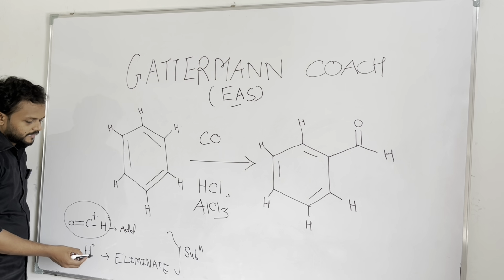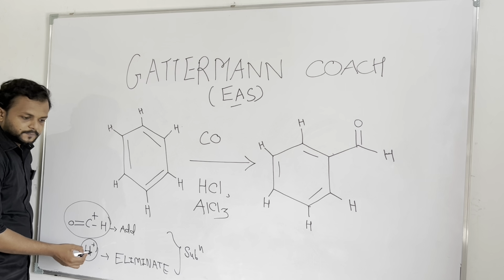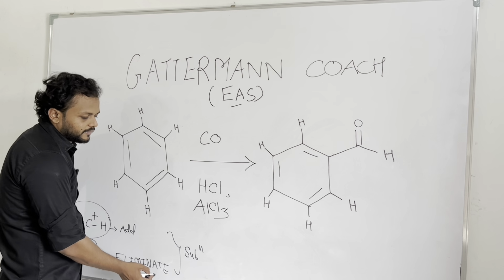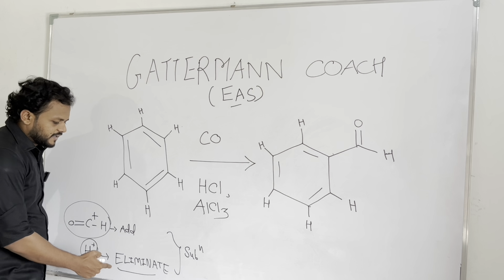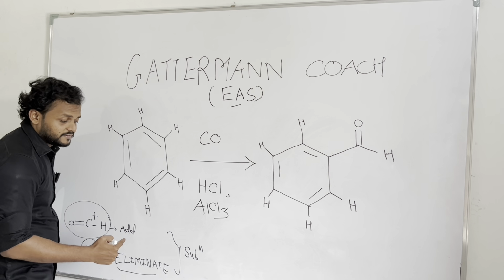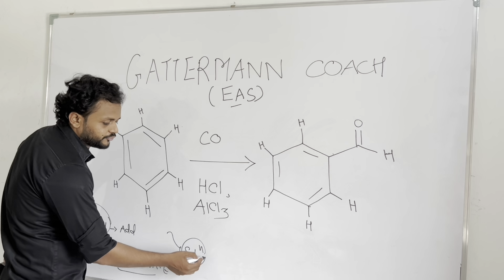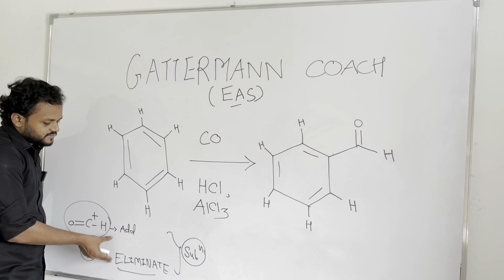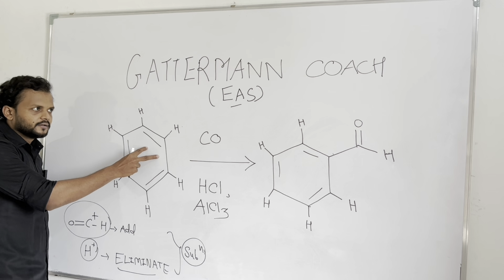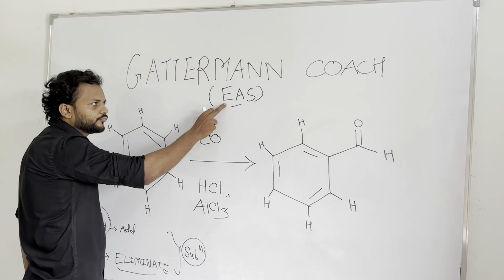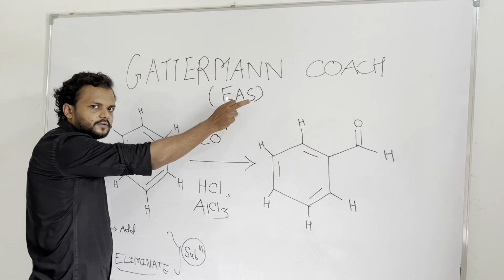At the same time, hydrogen H⁺ is going to be eliminated. So this reaction does addition as well as elimination, and is called a substitution reaction. And this addition and elimination take place on the aromatic ring, so we call it electrophilic aromatic substitution reaction.